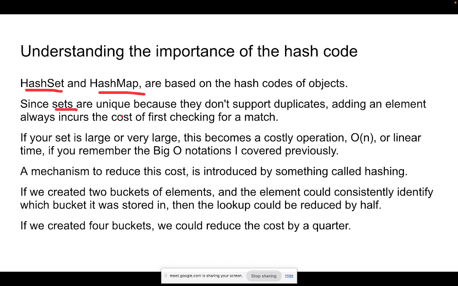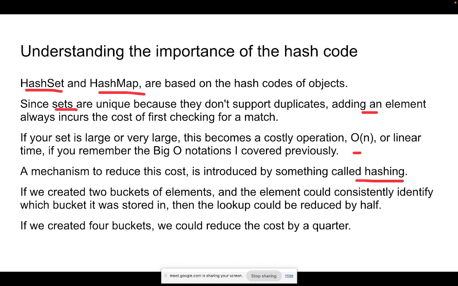But a set always has a cost associated with it, because while adding an element, we have to check each and every element whether it's present or not, right? Now if the set becomes very large, it's a very costly, linear operation just to add an element. So to reduce this, a mechanism called hashing came into the picture.